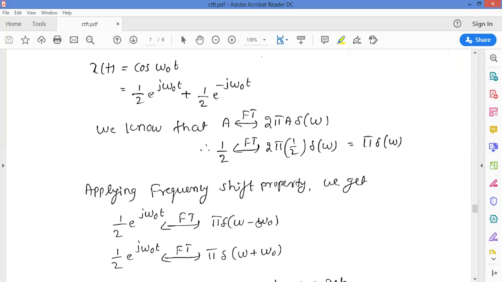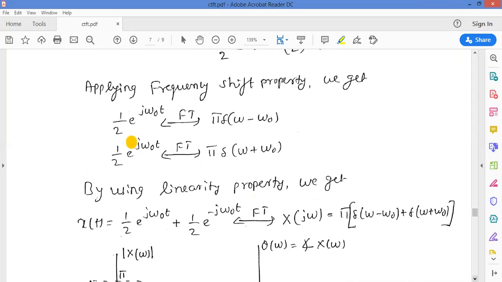So multiplying by e^{jω₀t} is equivalent to shifting the output by ω₀, and plus ω₀ translates to minus ω₀. We have proved the property previously. Similarly, 1/2 e^{-jω₀t} Fourier transforms into π δ(ω + ω₀). Plus translates to minus, and minus translates to plus.